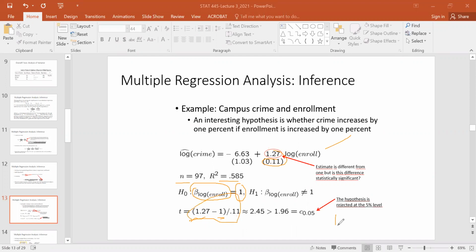And if you were to read t alpha over 2, where alpha is 0.05, against n minus k minus 1 degrees of freedom on the t table, for a two tail test. What is my n? N is given in the question as 97. K is the number of regressors.